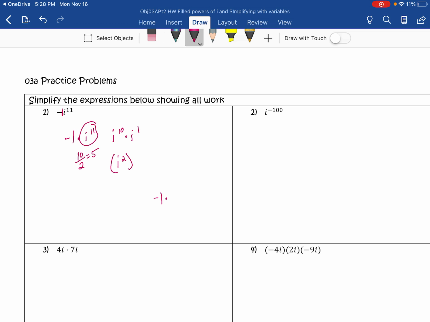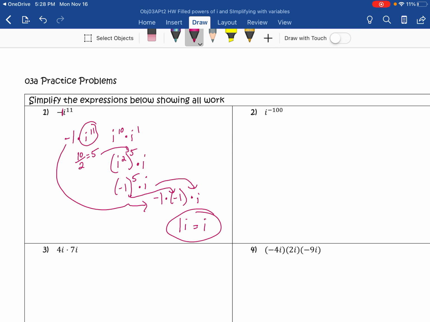So it's going to be i squared to the 5th power times i, which is negative 1 to the 5th power times i. Negative 1 to the 5th power is negative 1. So this negative 1 here is from my original problem, and then there is my i. That's that negative 1. And so it's just going to be 1i or i. And those are your answers.